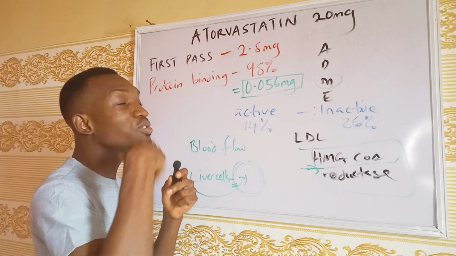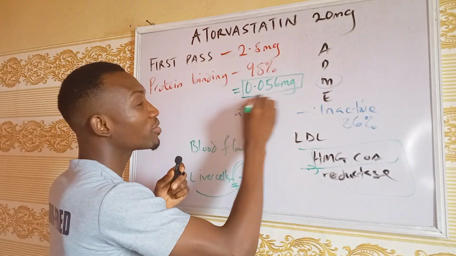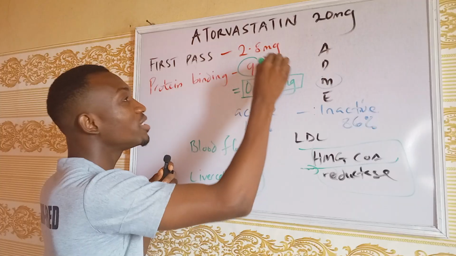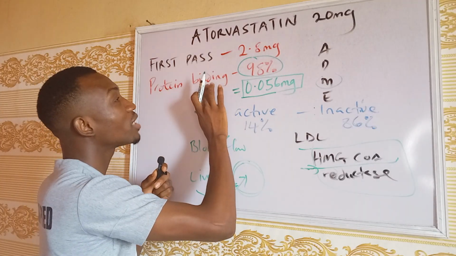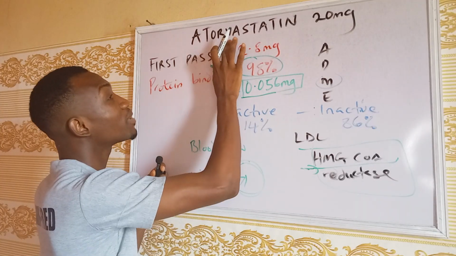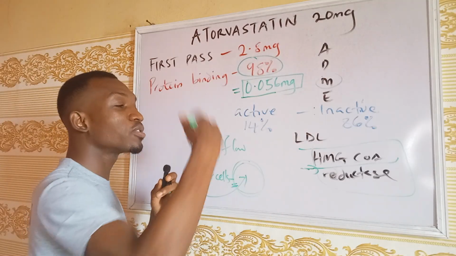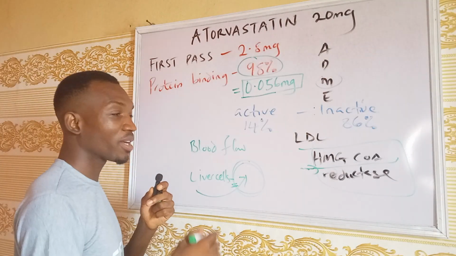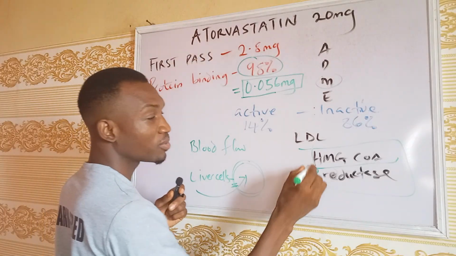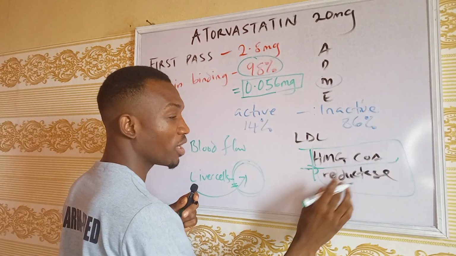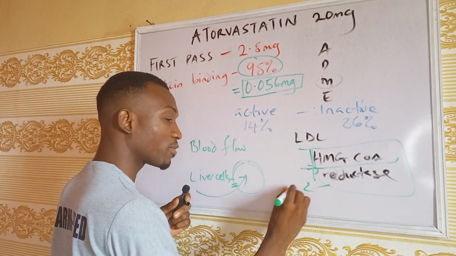So what usually happens is that when this amount gets exhausted, some of the protein bound atorvastatin is also released into your blood, and it becomes free, and the free goes back to your liver and continues to work. When atorvastatin binds to this HMG CoA reductase, it binds it for about 14 hours.